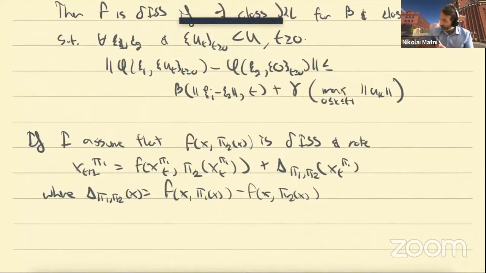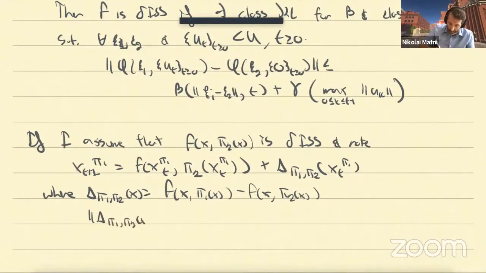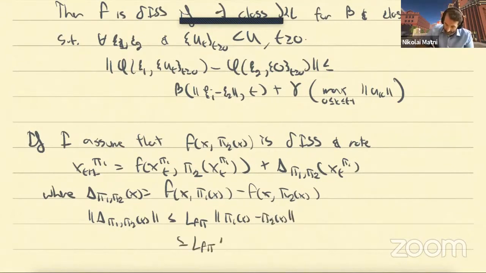So notice that we immediately have that delta pi 1 pi 2 of x is less than or equal to LF times pi 1 of x minus pi 2 of x, and that's less than or equal to LF times the partial of pi with respect to theta, times theta 1 minus theta 2, times x, right? Just kind of putting everything together.